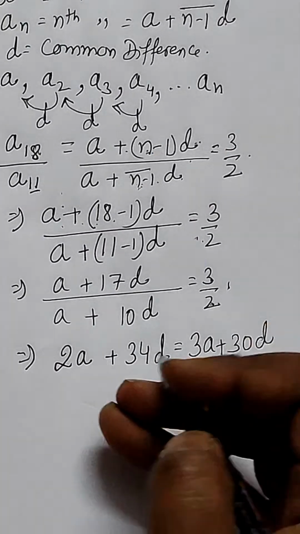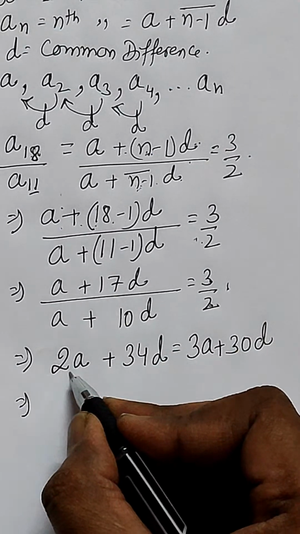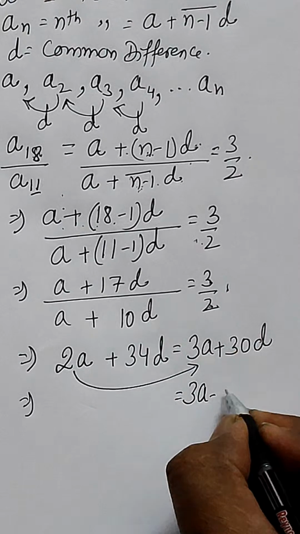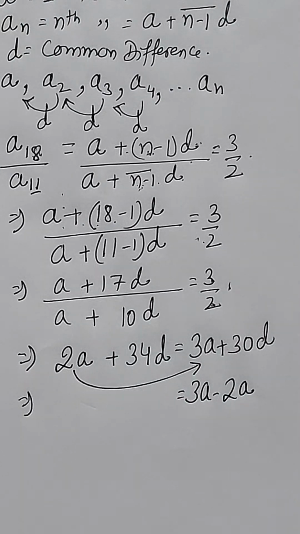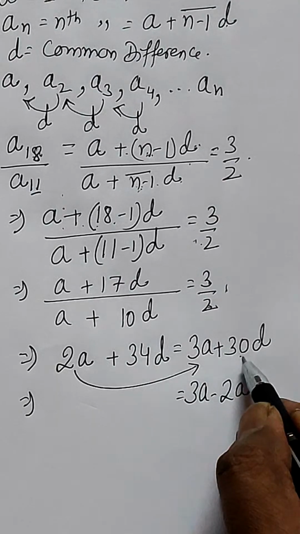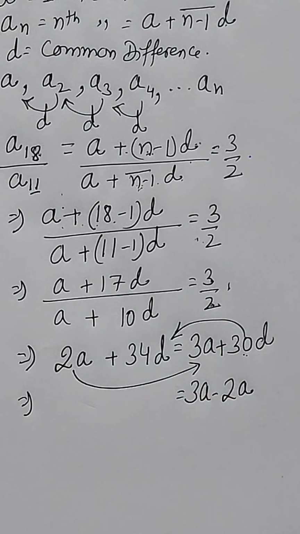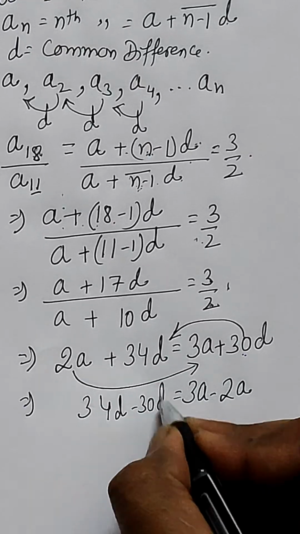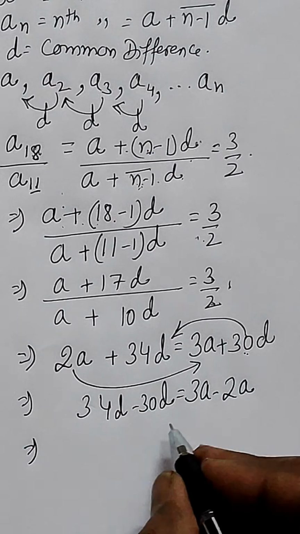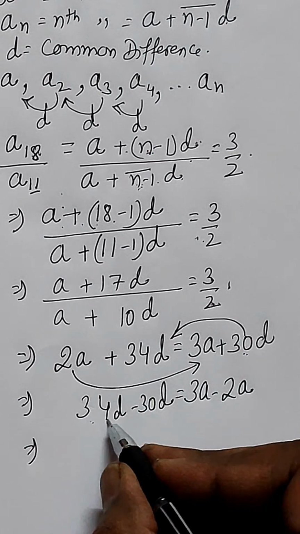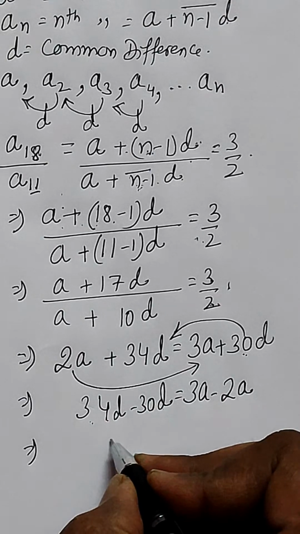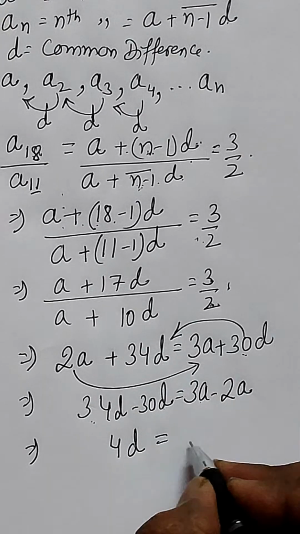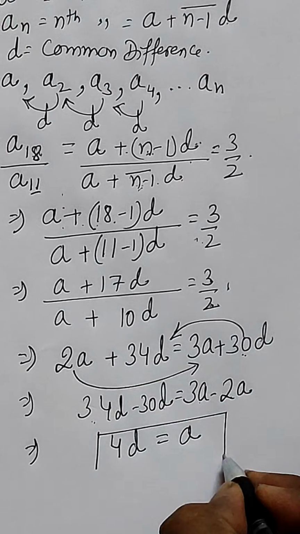When 2a goes to the RHS, this gives 3a minus 2a, and when 30d comes from RHS to LHS, this gives 34d minus 30d. So finally we get the relation between a and d. 34d minus 30d will be 4d, and 4d is equal to a.